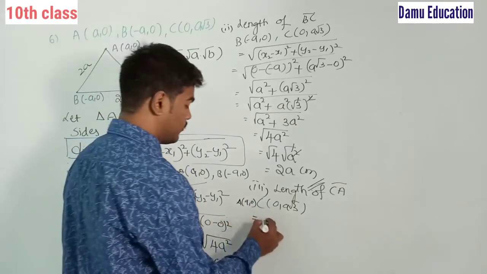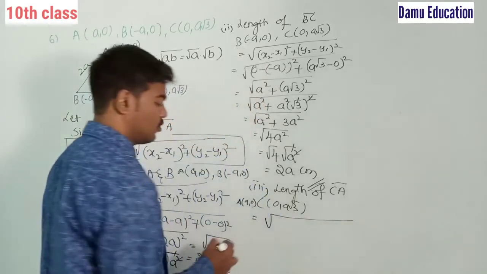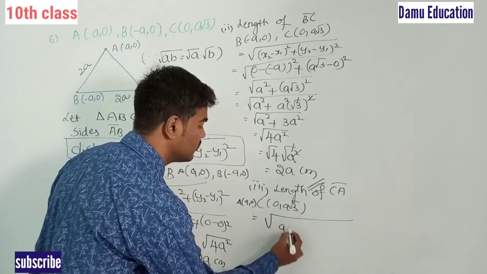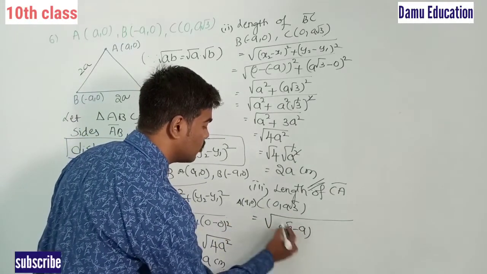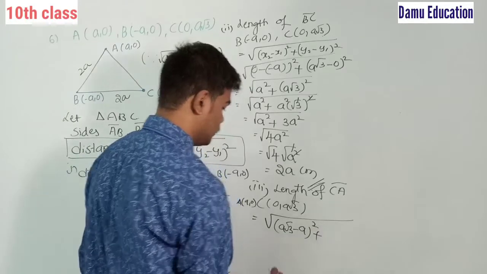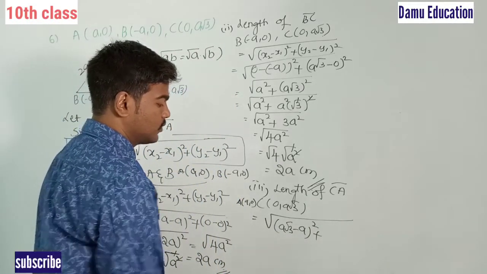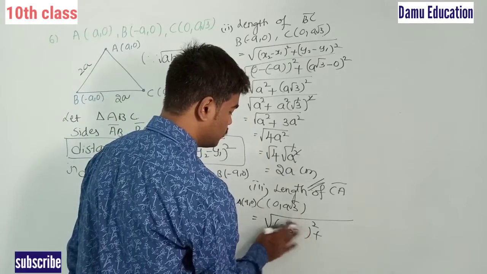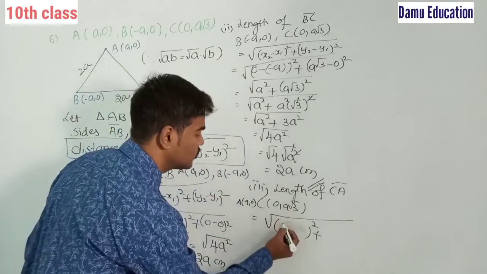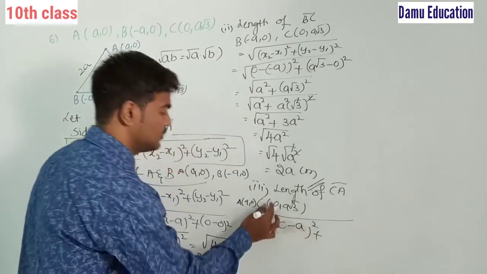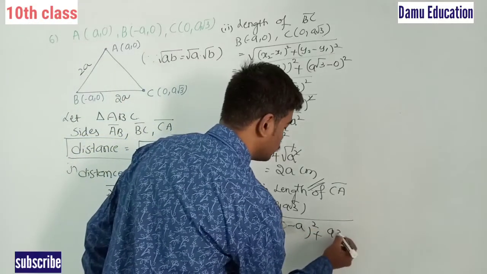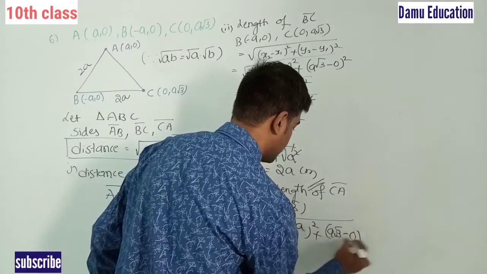Let's write the formula: (x2 minus x1) whole square, plus (y2 minus y1) whole square. Here x2 is 0 minus a, plus a root 3 minus 0 whole square.